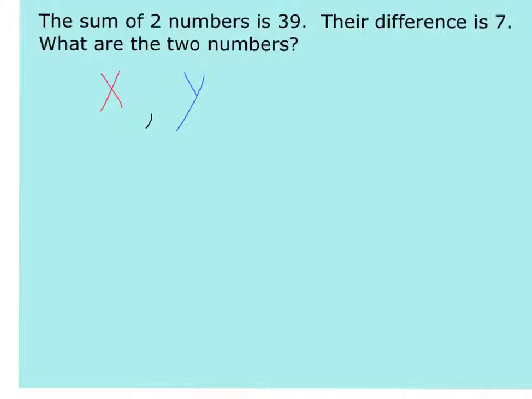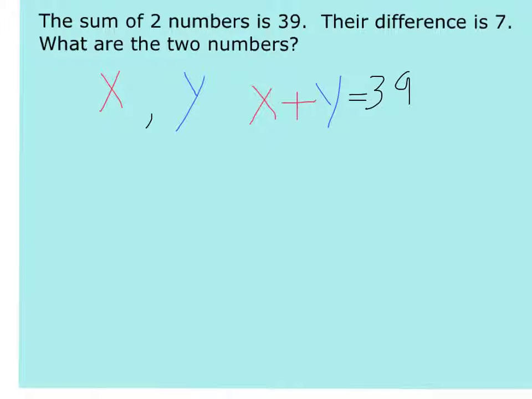So now we have to do our first equation. Our first equation is the sum. So x plus y equals 39. My second equation involves a subtraction, the difference. Their difference is 7.